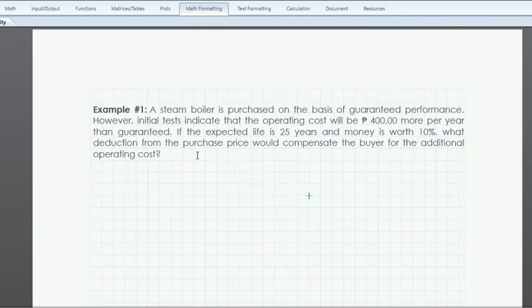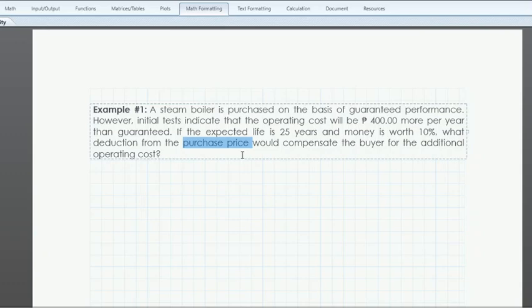When we say purchase price, it is the price kung saan bibilhin mo siya. Kumbaga yung tag price, that is purchase price. So kung yun pala yung presyo kapag bibilhin mo siya, so we can say that purchase price is the present worth of the money.